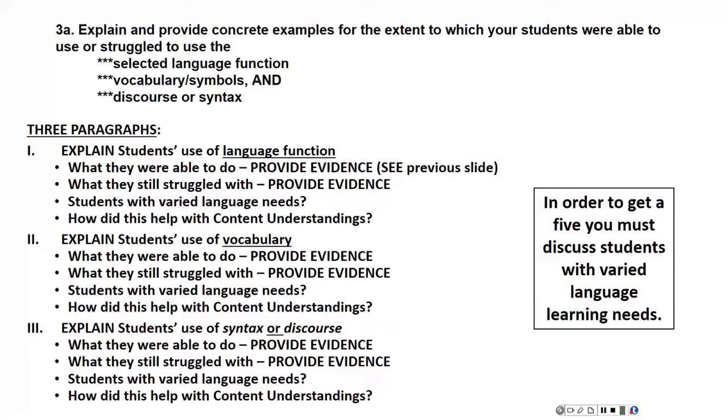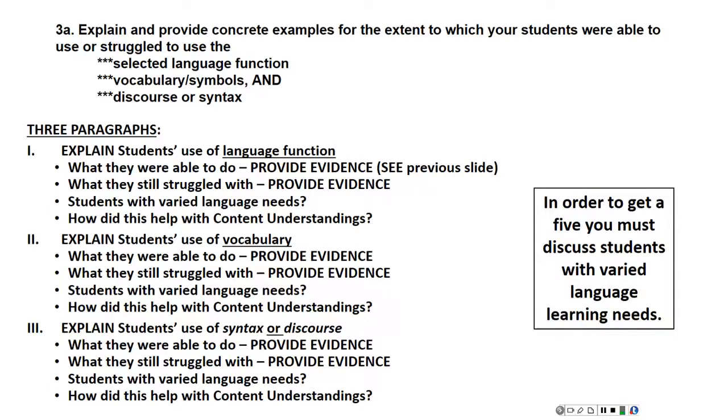Okay, there are two academic language rubrics, 4 and 14. When you get ready to write 14, it's just a matter of describing the student's use of language function, the student's use of vocabulary, and student's use of discourse or syntax.